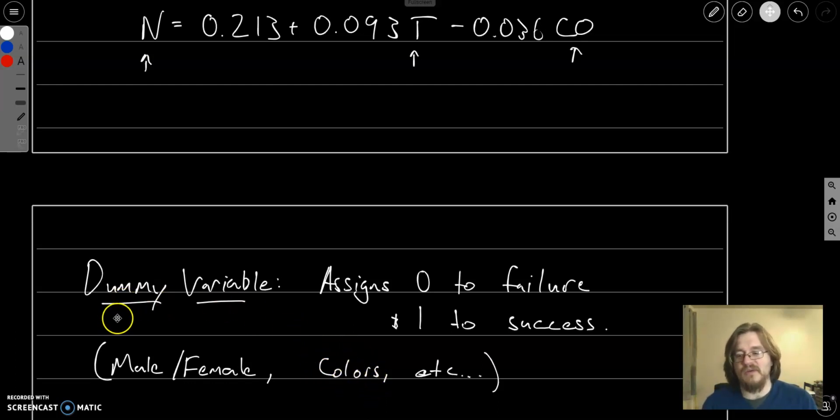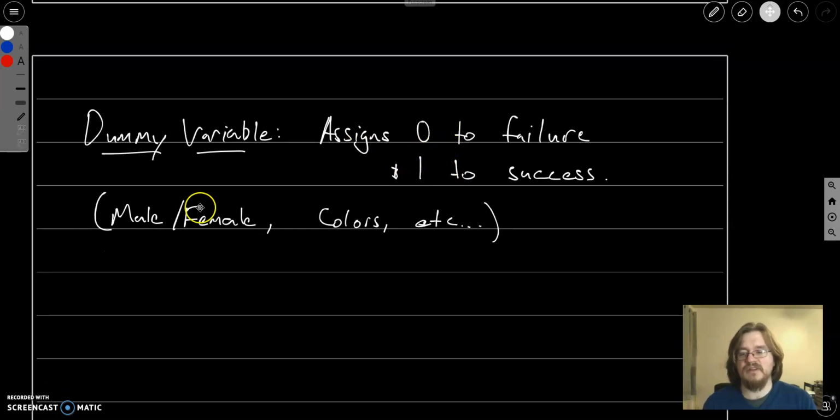Here, what we can do is we can use what's called a dummy variable. And a dummy variable will take non-quantitative data and assign numbers to it. Specifically, with a dummy variable, this means that you have two choices of failure or success, kind of like the binomial distribution. And we'll just give a 0 to a failure and a 1 to a success.